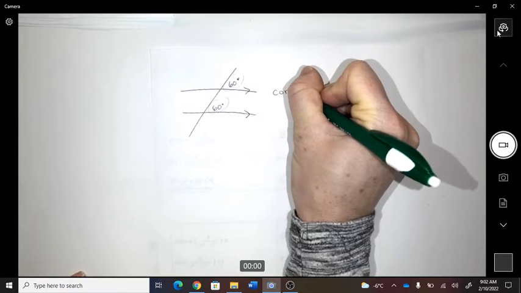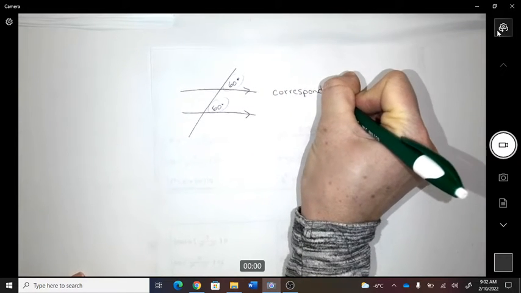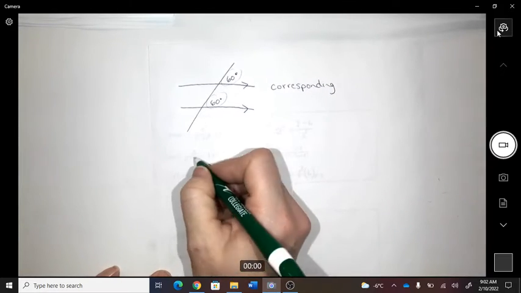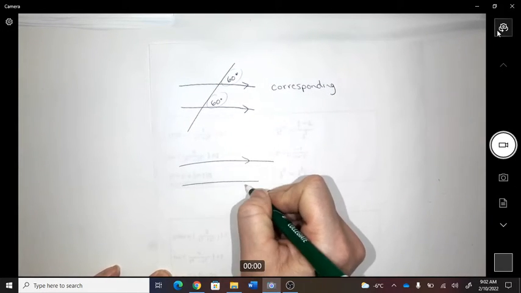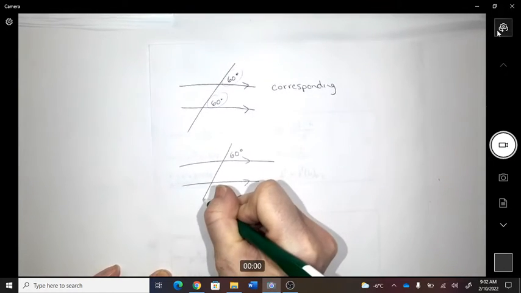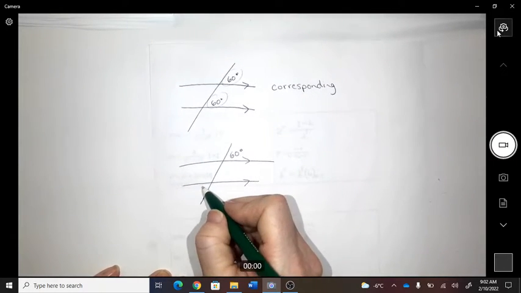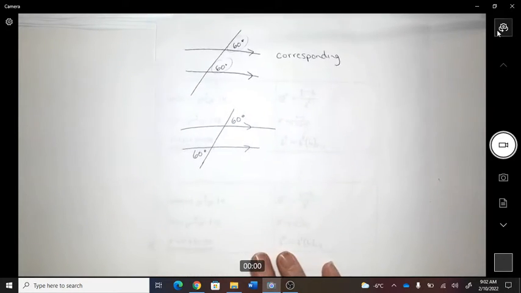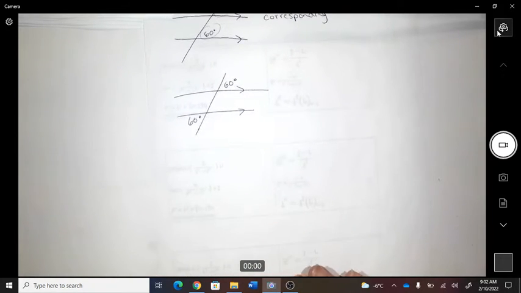They are corresponding. If I give you that that is 60, you also know that is 60. That's a property. If those are parallel, these angles need to be equal.